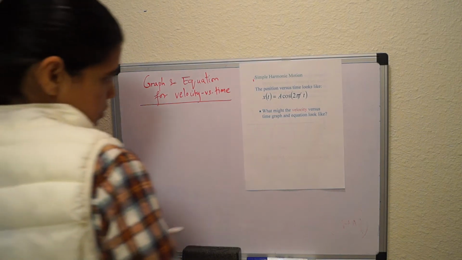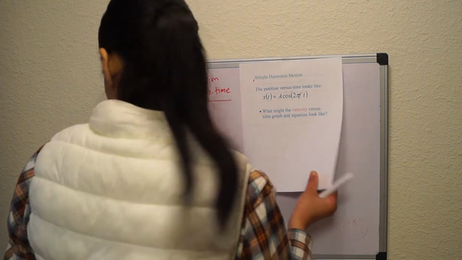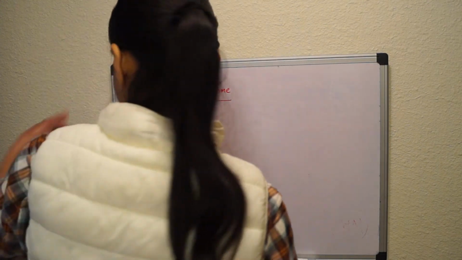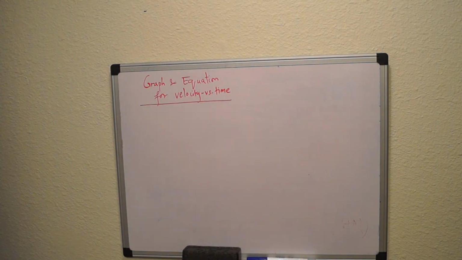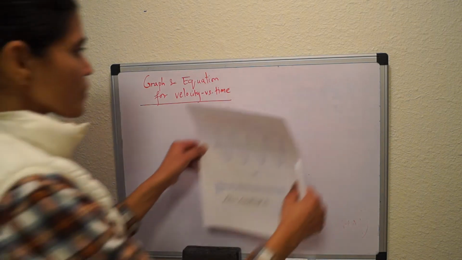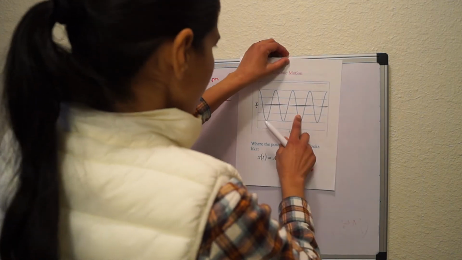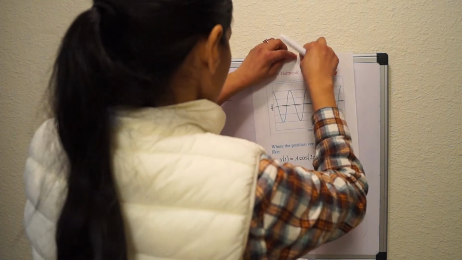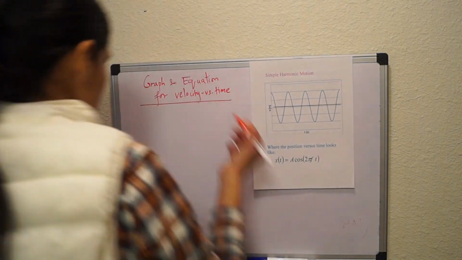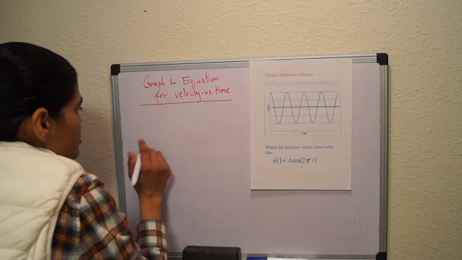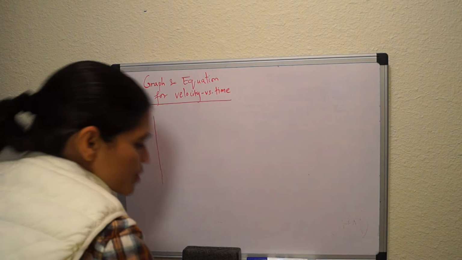So earlier we had the position versus time graph like this, right? Earlier we looked at this. So I'm going to make the velocity versus time graph. It turns out that the velocity versus time graph would look, oops, sorry about that.